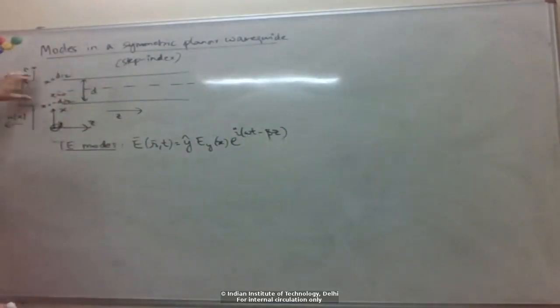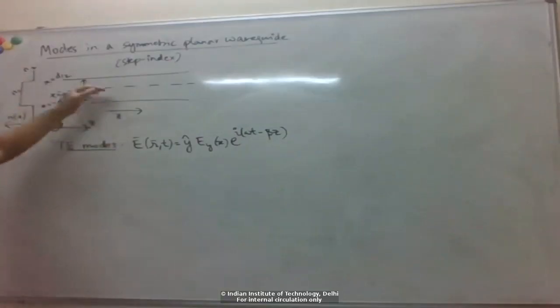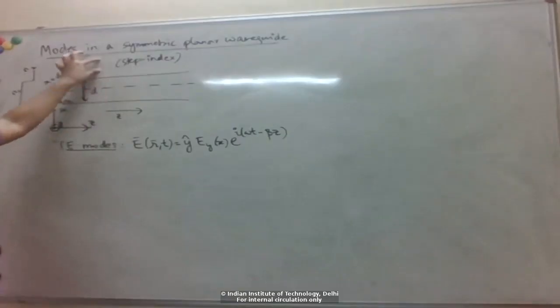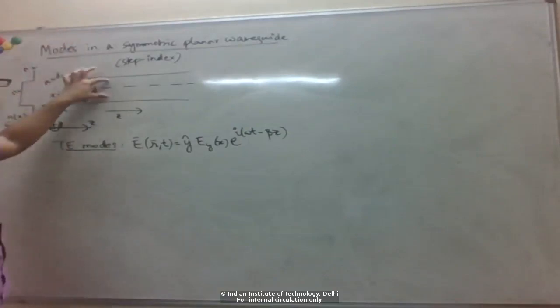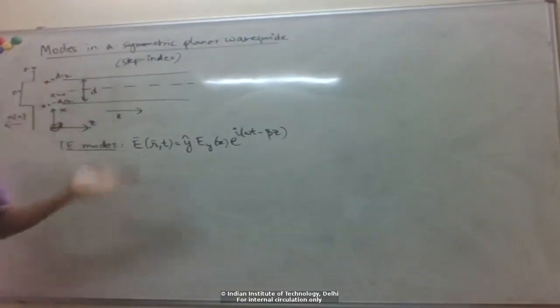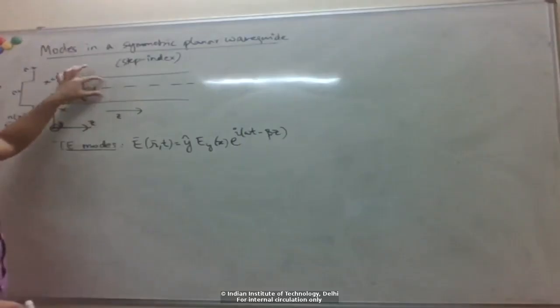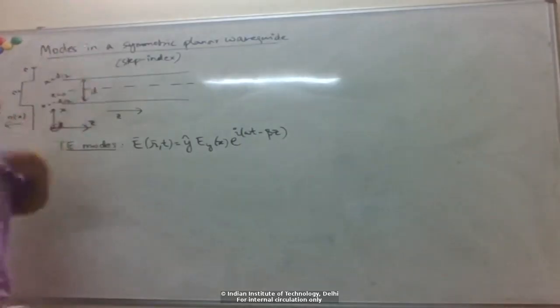Now, if we consider this step index waveguide, if you look just in the core or just in the cladding, it's a homogeneous medium. Overall, it's an inhomogeneous medium, but if you just look in the core or in the cladding, it's homogeneous there. So basically, we can individually solve the homogeneous wave equation in the core and in the cladding, and then use boundary conditions.